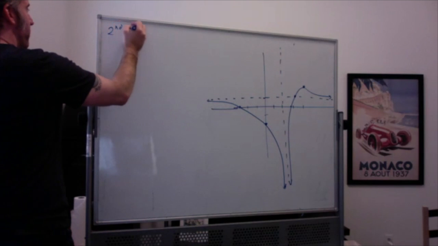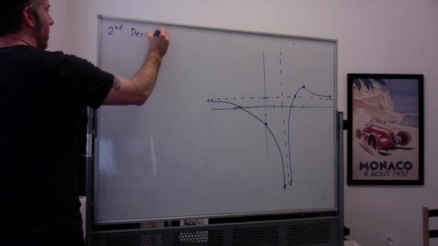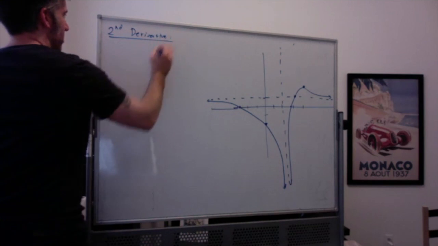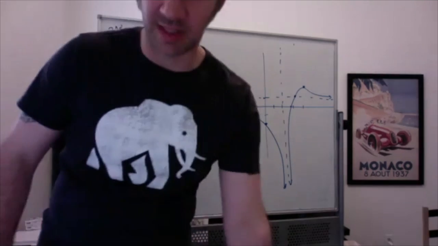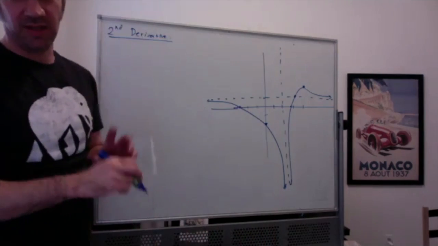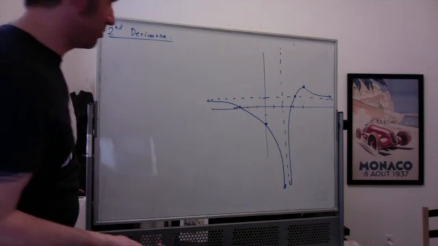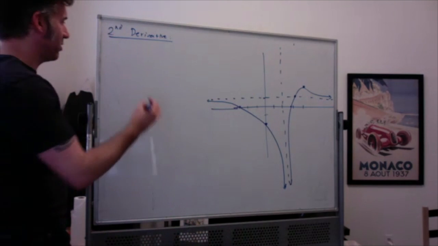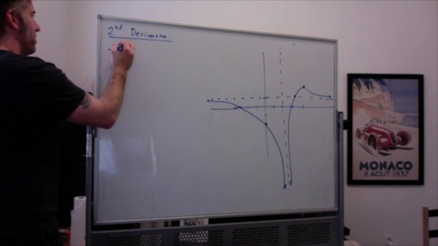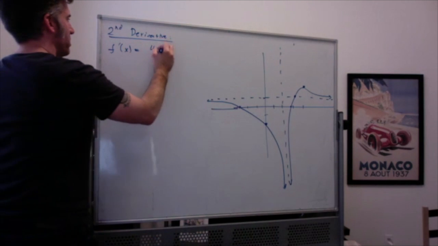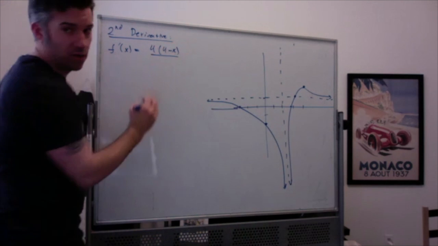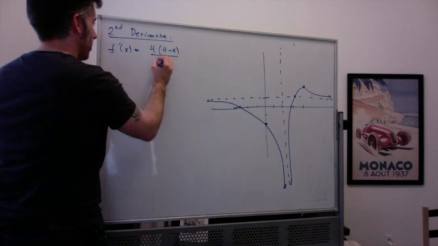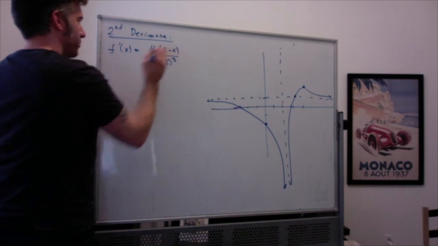Second derivative stuff. All right, let me ask you guys. No, I'm not even going to ask. I'm just going to do it. I was going to ask if you wanted me just to say what the second derivative was, but I'm not going to do that. So remember, our first derivative is 4 times 4 minus x over x minus 2 to the third.